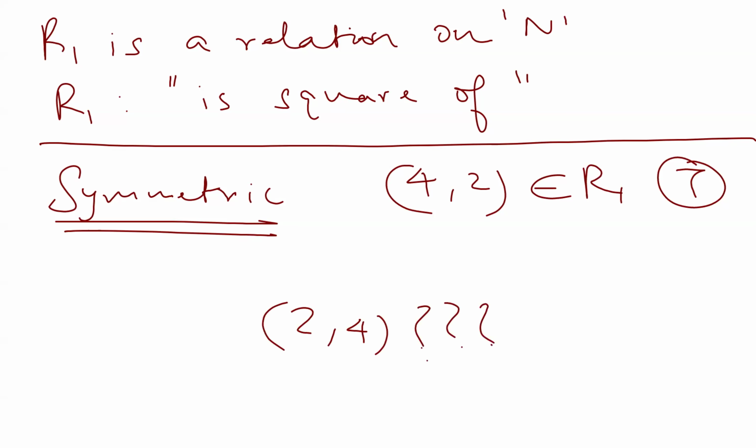Is this true when we reverse it? 4 is a square of 2, but then is 2 a square of 4? This is false because this does not belong to R1. The relation is "is a square of," so the first number should be the square of the second number. But when we reverse it, it's not necessarily true. So it's not symmetric.